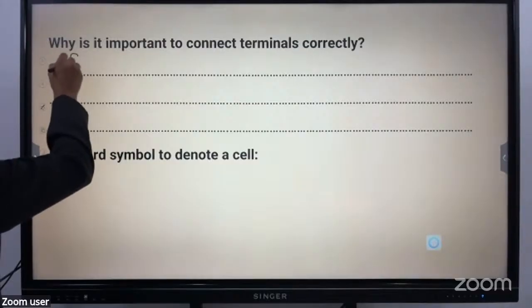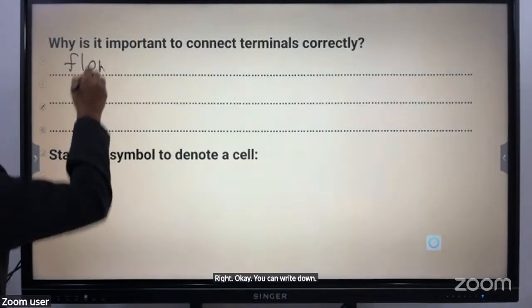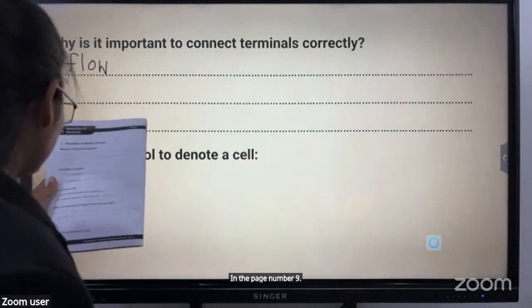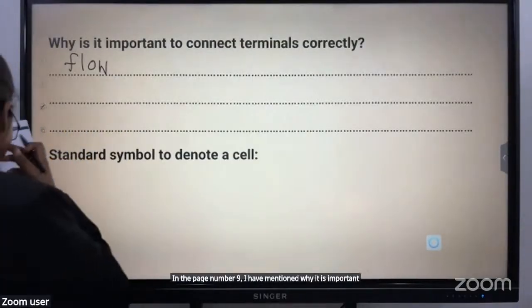You can write this down. In page number 9, I have mentioned why it is important to connect terminals correctly.